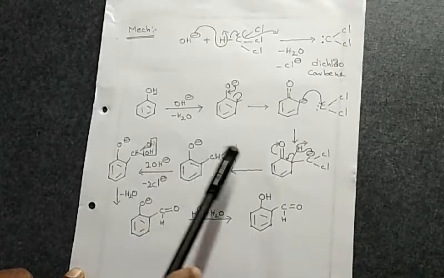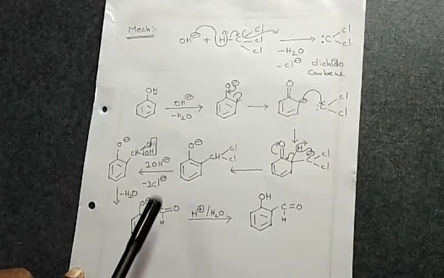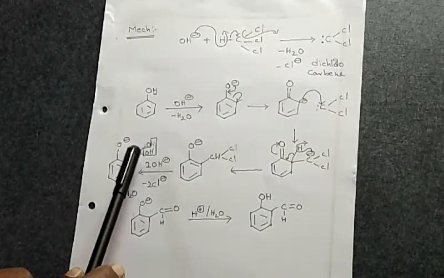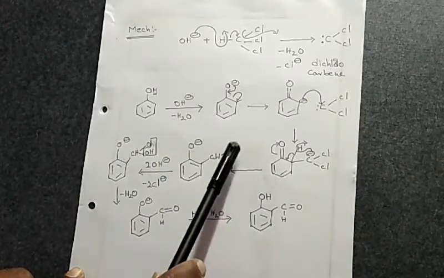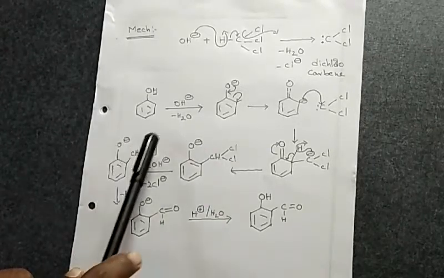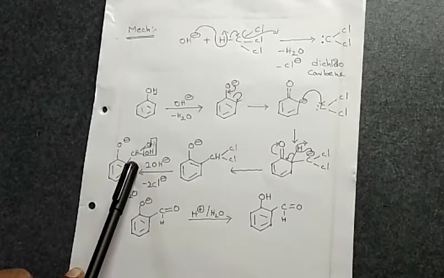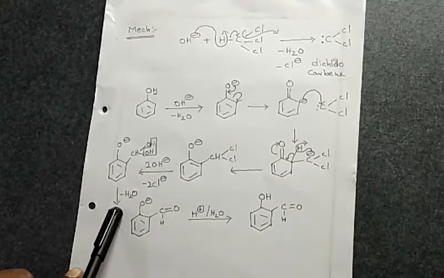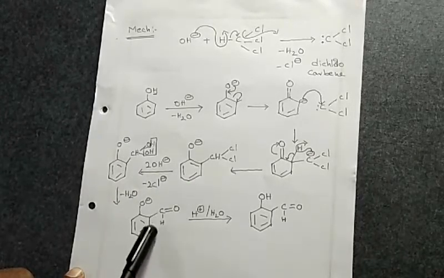Then a normal nucleophilic substitution by the base, so that 2 OH groups are substituted on the carbon in the place of the 2 chloride ions. Later on, if the same carbon has 2 OH groups, it loses a water molecule to get stability, so that it becomes an aldehydic group.